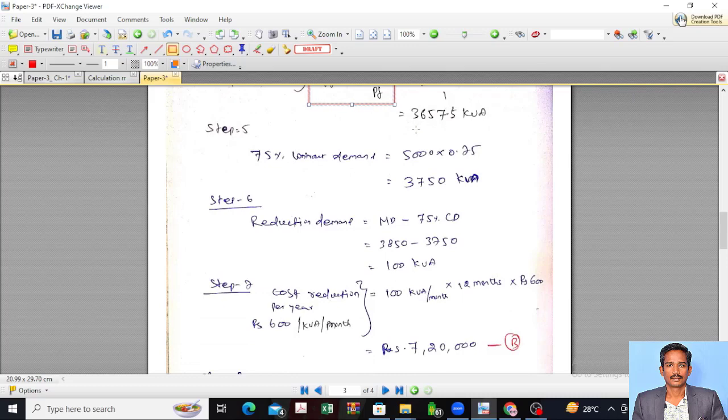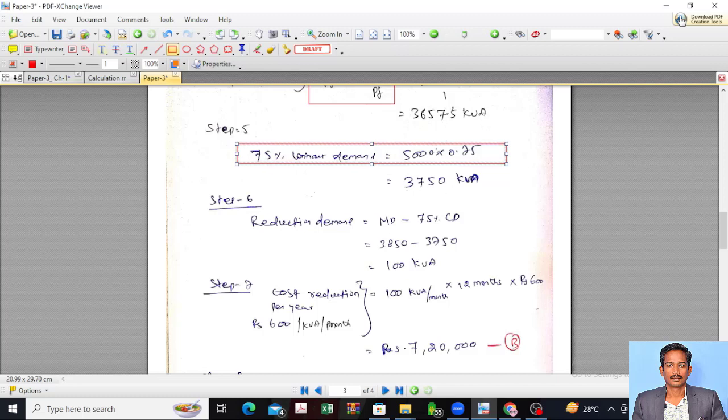Next, step 5: this is the final kVA maximum demand. We know they are always charging 75% of the contract demand. So the contract demand is 5000 into 0.75, which is 3750. They are always charging for 3750 kVA; this is the base value.